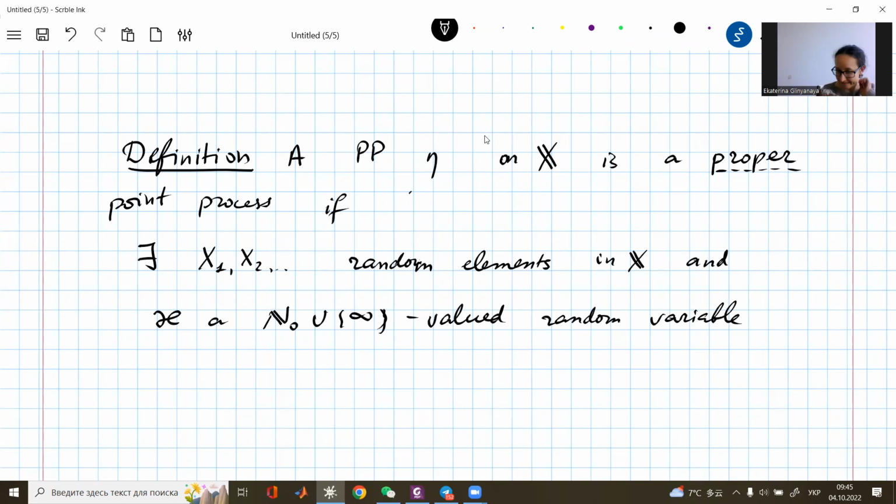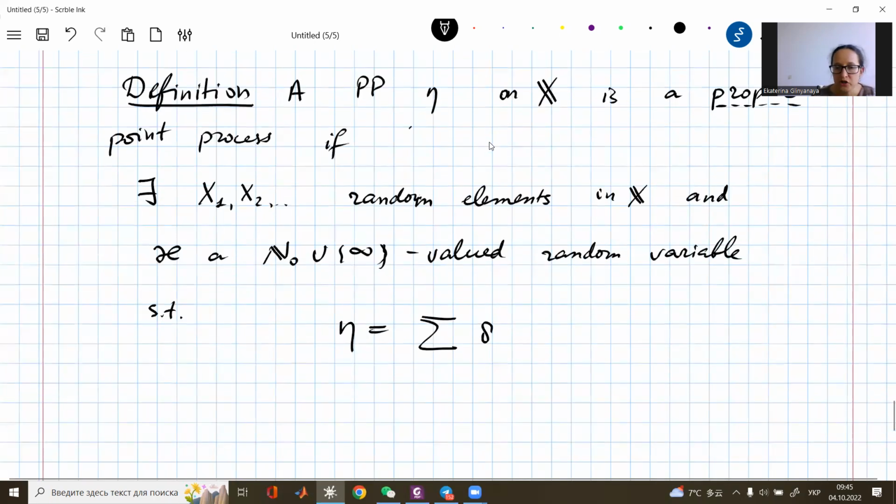So if there exists such an object such that we can represent the point process eta as the sum of delta measures at points xi, where i is from 1 to kappa, please note that here the number of summands is random, I can write here omega, in such a way.